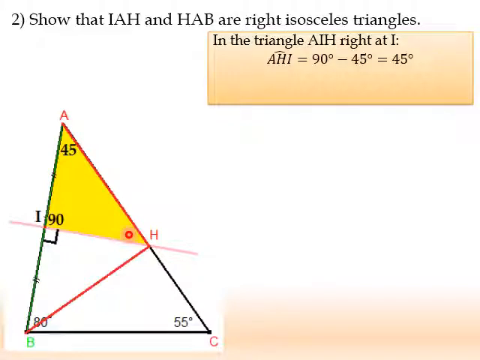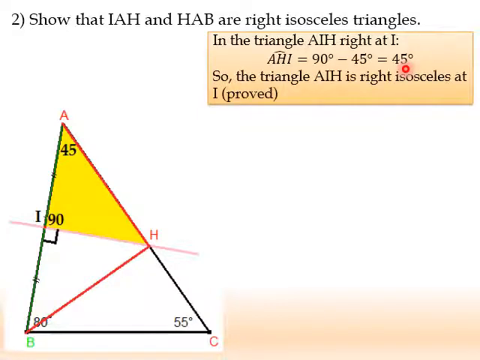So AHI equals, since these angles are complementary, directly 90 minus 45, or you can say 180 minus 90 plus 45. Both ways give the same answer, which is 45.